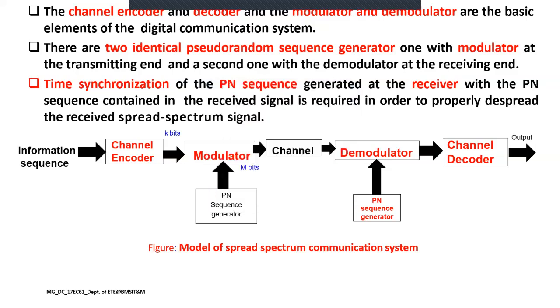So, as I said, there are two different types of spread spectrum communication systems. Let us take the first one, that is a direct sequence spread spectrum system.